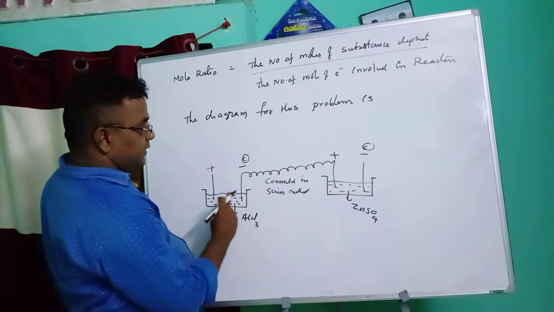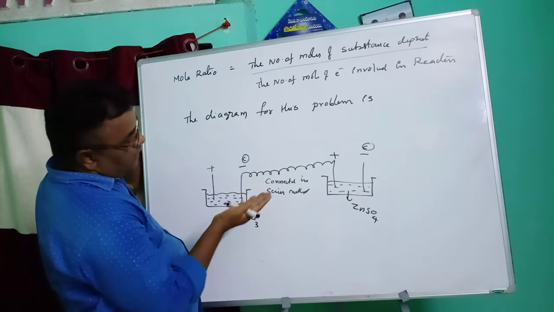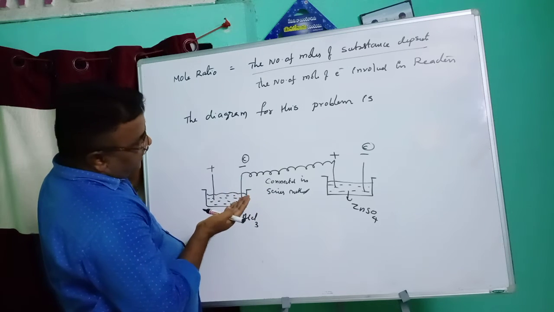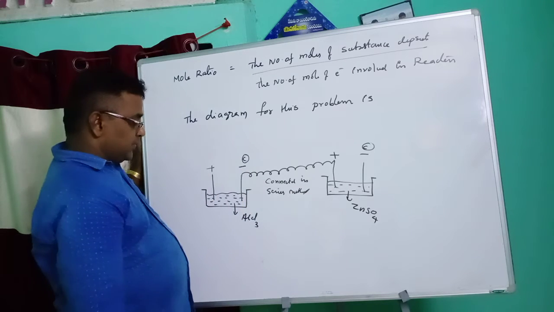When these two half cells are connected by a battery, the same quantity of electricity passes through these two half cells.